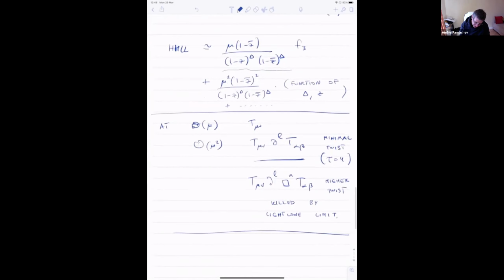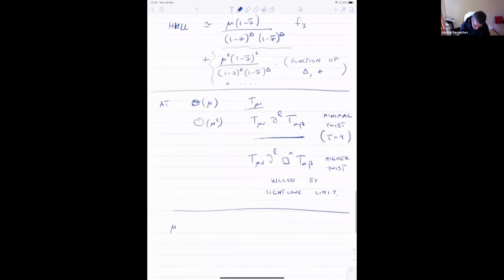Notice that the correlator by itself is still dominated by operators of the lowest twist. The stress tensor would still dominate the correlator if you take the usual light cone limit, and then you have to throw all these guys away. However, the limit that we're going to take keeps all of these operators, and that's a limit where mu tilde, which is equal to mu times 1 minus z bar, is fixed.